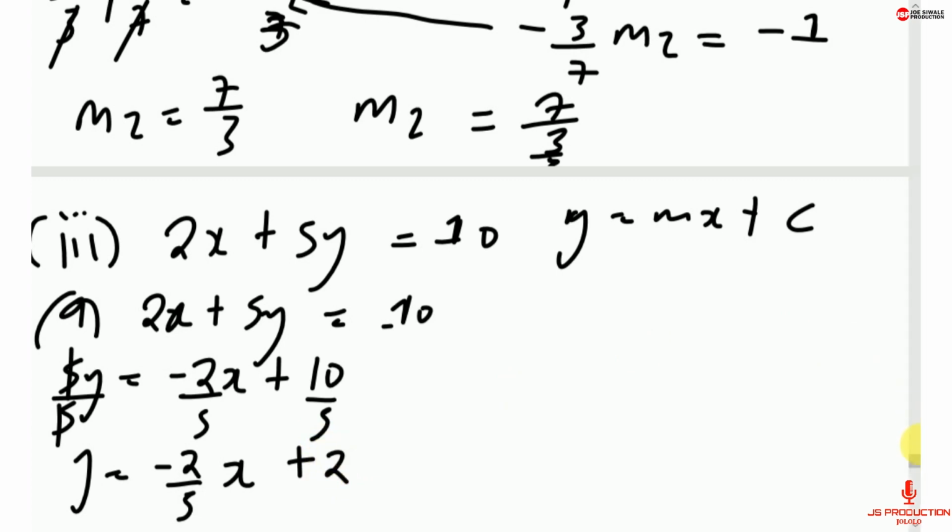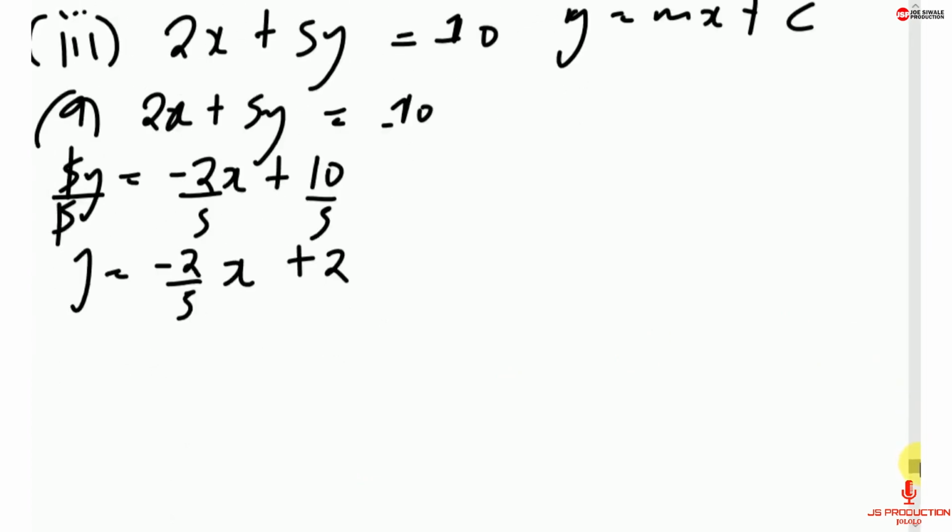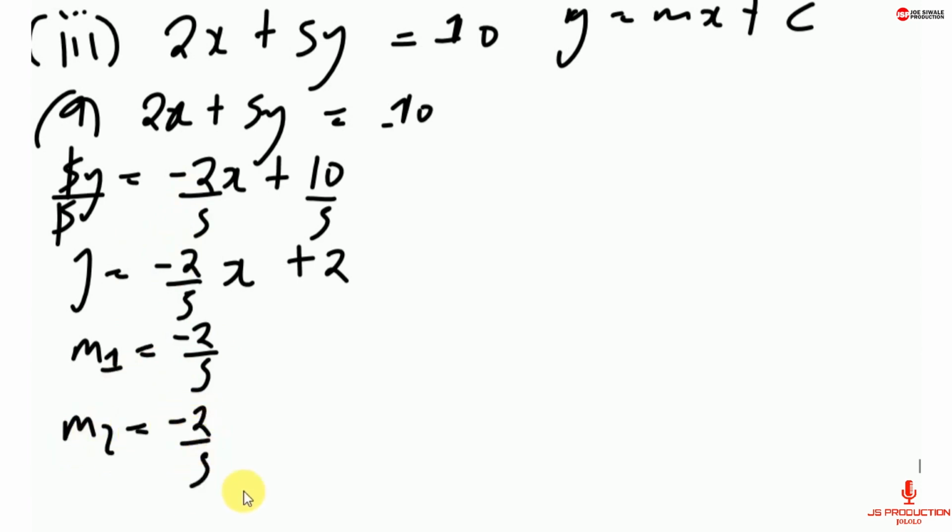Since we now know that the gradient of this equation, our m1, is negative 2 over 5, that means the gradient of the parallel line to this line, our m2, will be equal to negative 2 over 5. As simple as that.